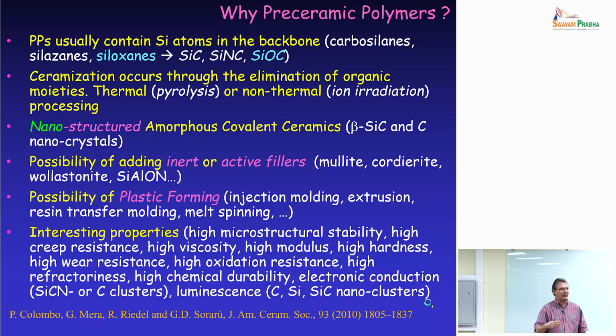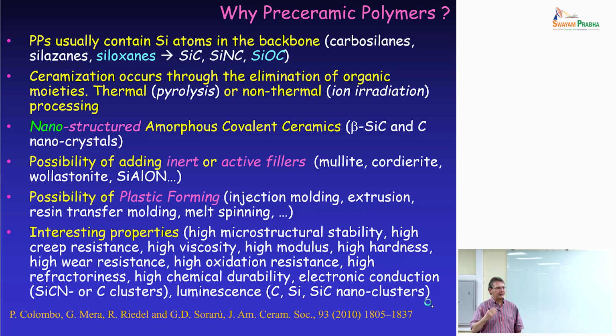You can extrude them. You can do injection molding. Anything you can do with a polymer, you can do with a preceramic polymer, with the advantage that after shaping, you can transform that into ceramic. Of course, you can also, at the same time, add other fillers to the material that will become part of the final ceramic, but I will be talking about that a little bit later.